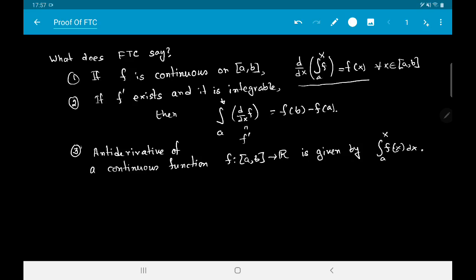The base term that I could enter here is that an antiderivative of a continuous function f is given by the integral from a to x of small f(x) dx. So we have done everything that we wanted to talk about the fundamental theorem of calculus.